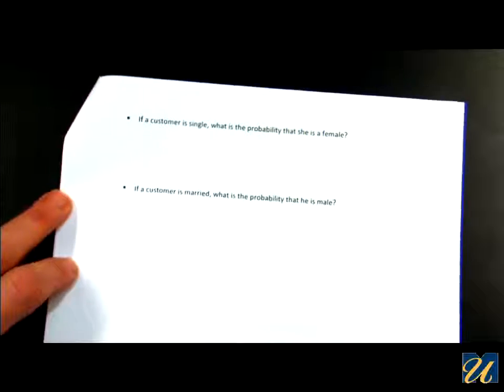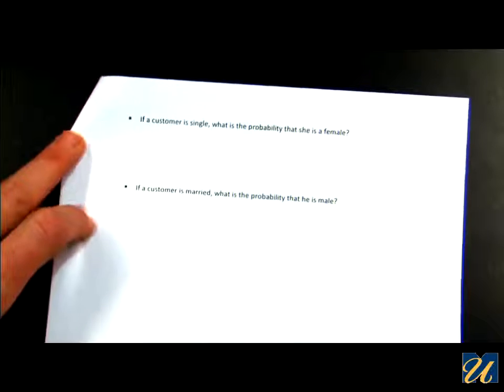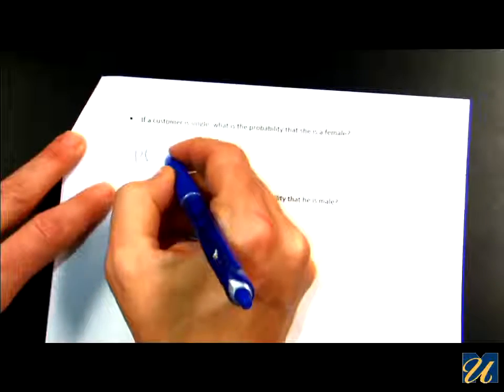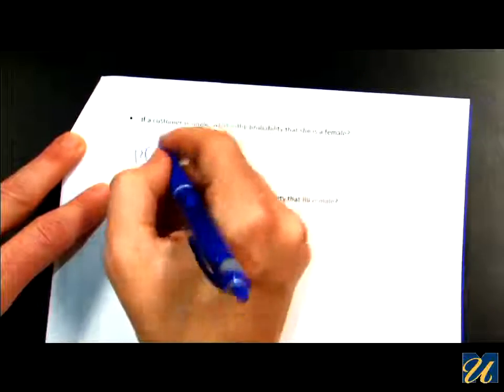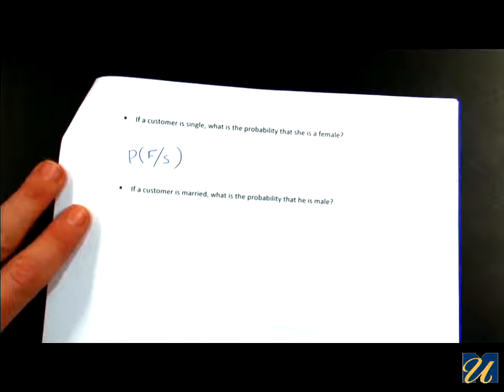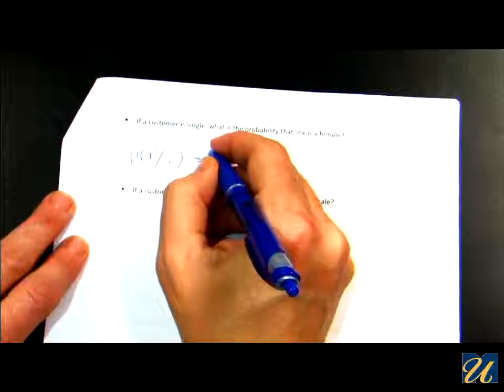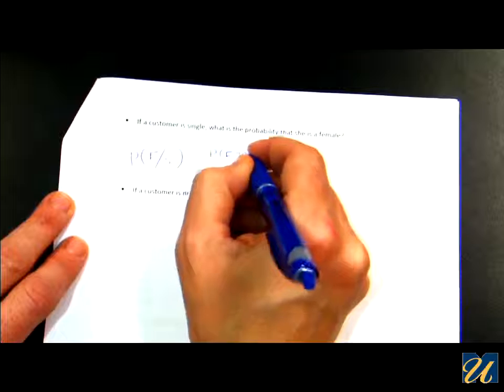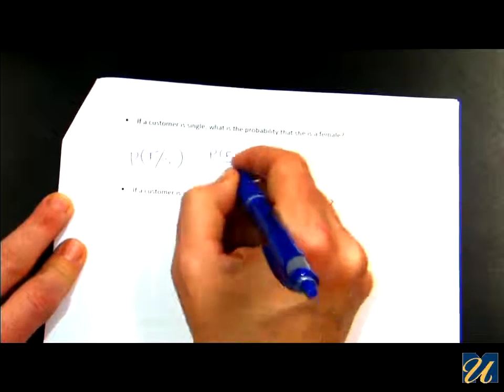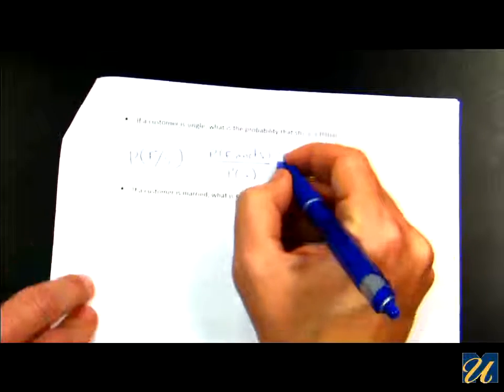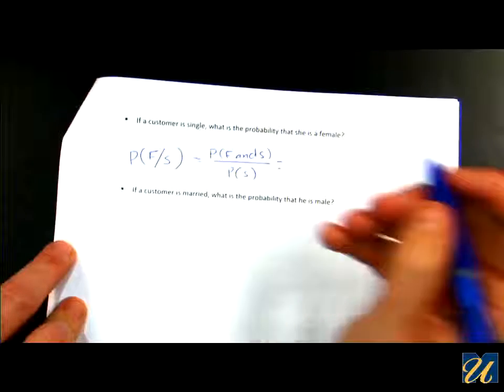If a customer is single, once again, conditional probability, what is the probability that she is a female? Female, given that she is single. So you take the probability of female and single, over the probability of selecting a single person.